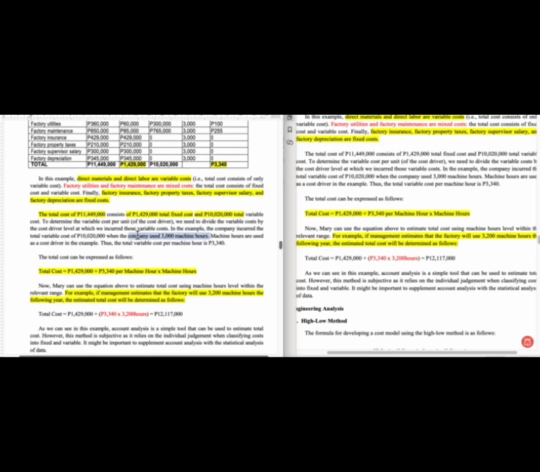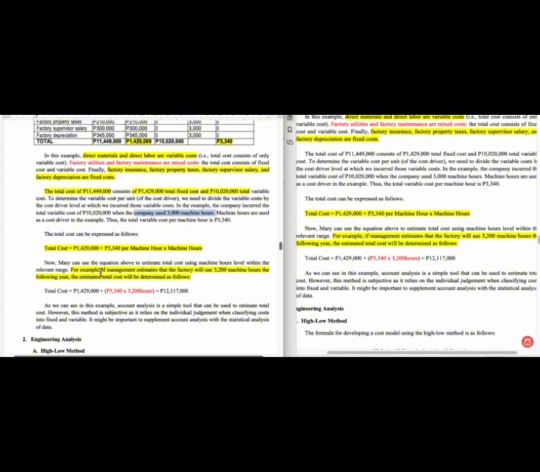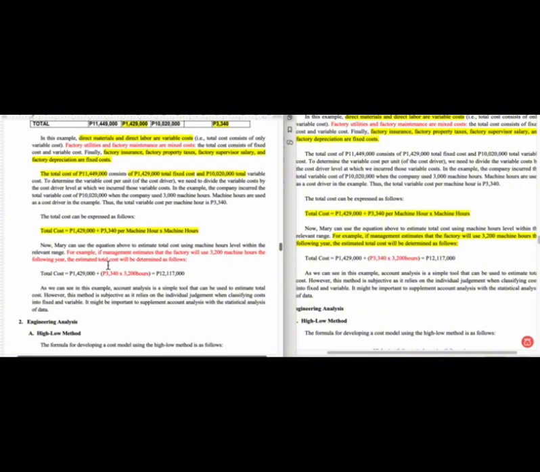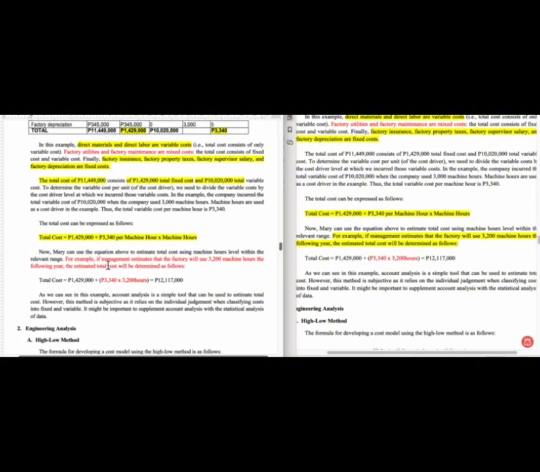Now, what if for the next year, another example, if management estimates that the factory will use 3,200 machine hours the following year, the estimated cost will be determined as follows. We will follow the same formula.